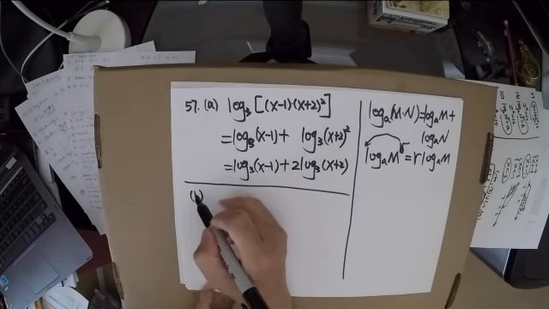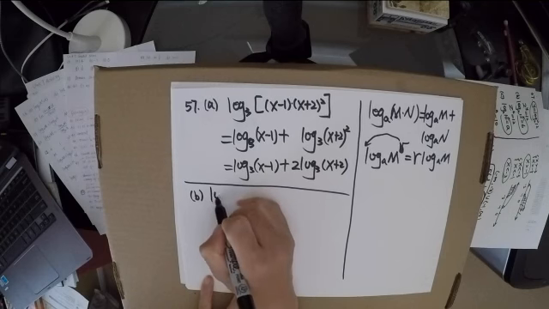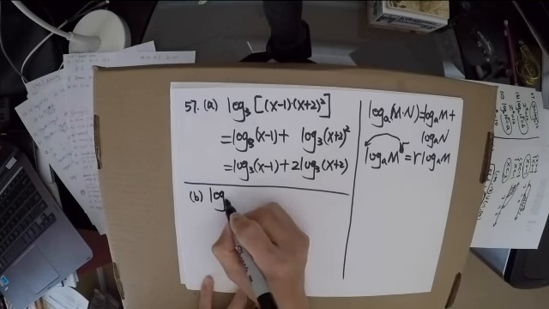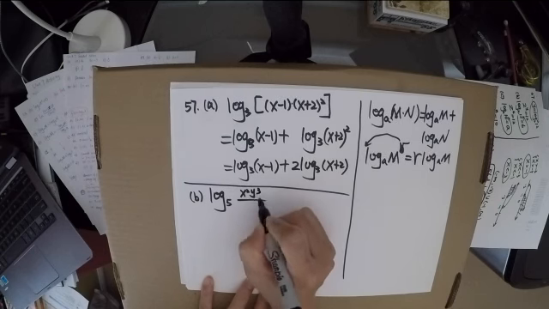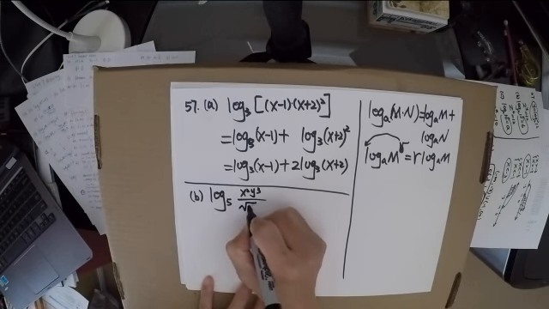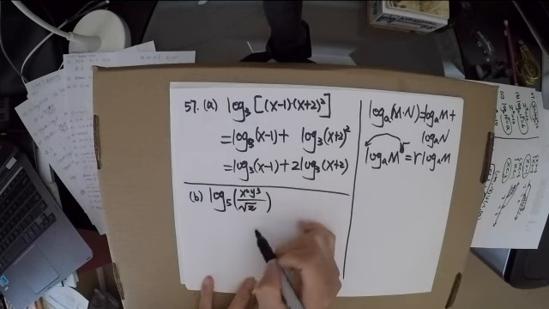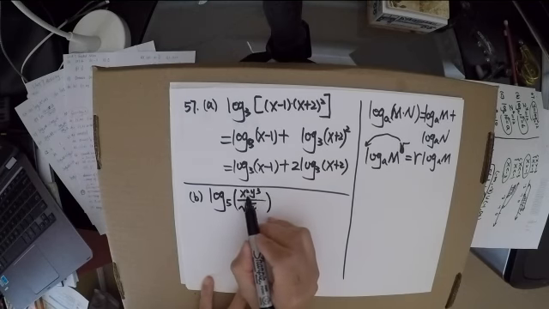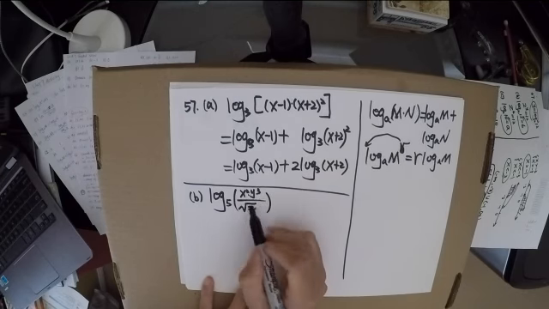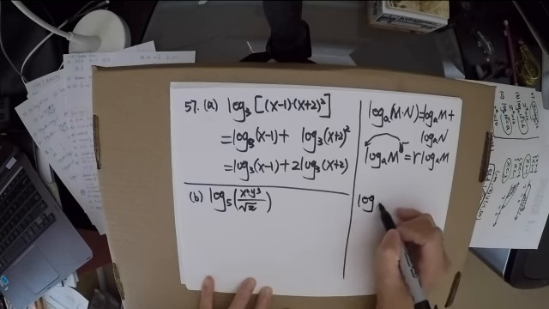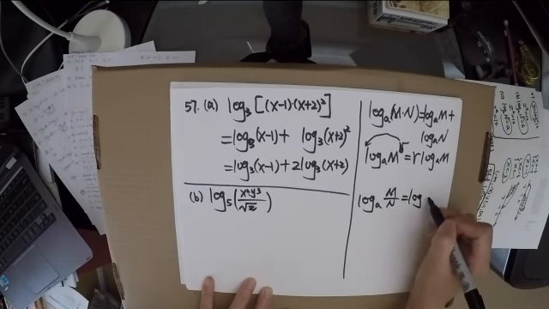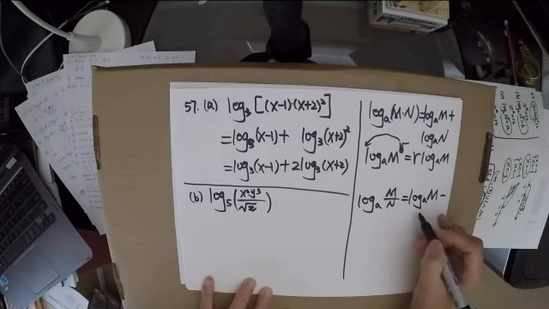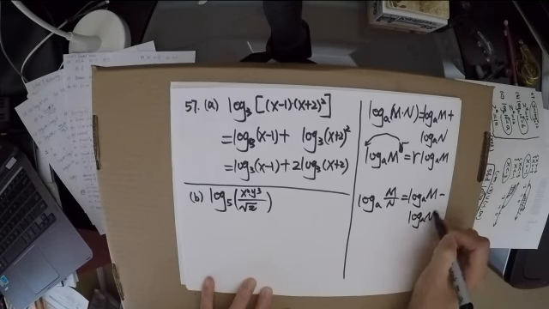Let's take a look at the B part. B says log base 5 of x squared y cubed over the square root of z. That's the whole thing. You see the top is multiplication, then the overall is a division. Now you can use this formula: log a of m over n equals log a of m minus log a of n.